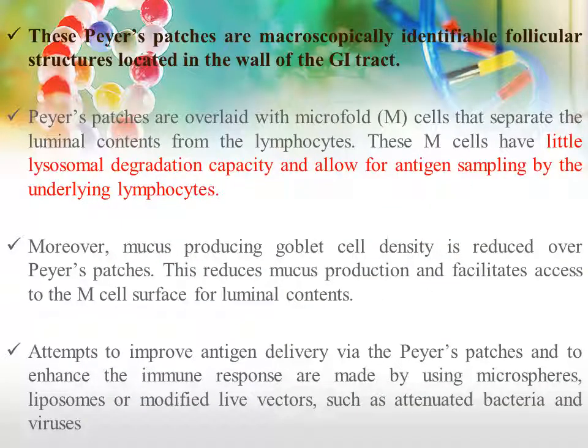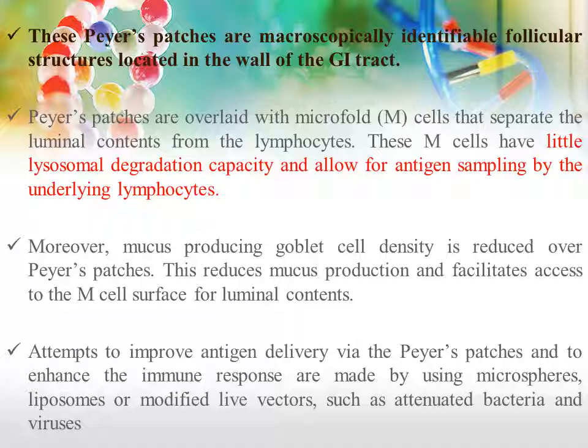Peyer's patches are located in the wall of the GI tract. M cells have little lysosomal degradation, which breaks down antigen before it is presented to lymphocytes.